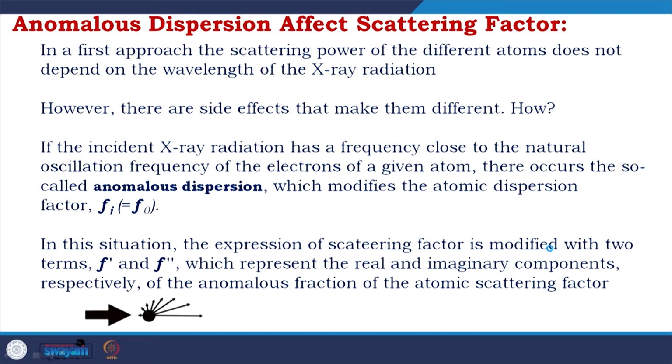So, this is what anomalous scattering is, and it would become F equals F0 plus F prime plus i F double prime.